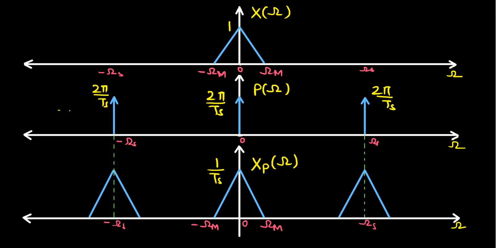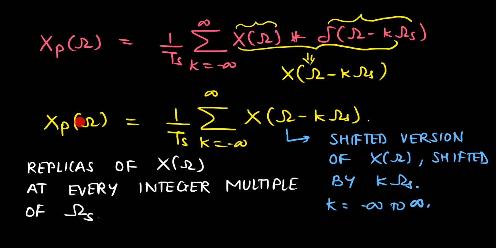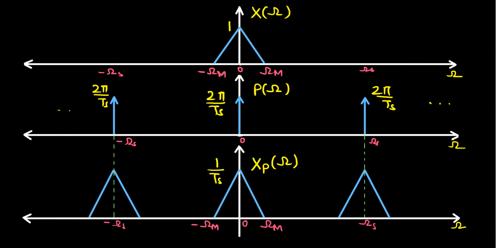And this continues for all the values. And this Xp of omega is the convolution of this X of omega and P of omega, scaled by 1 by 2 pi. So this is what we obtain as the Fourier transform of the sampled version, that is xp of t, and we observe that this X of omega is scaled by 1 by Ts and replicated at every integer multiple of the sampling frequency.